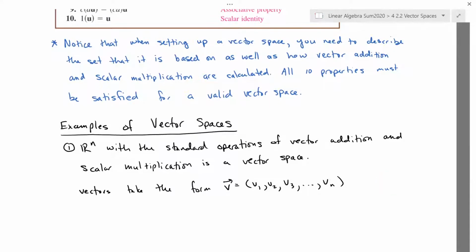The first example of a vector space is what we discussed in the previous section. Rn with the standard operations of vector addition and scalar multiplication is a vector space. Vectors take the form of n-tuples where each coordinate is a real number.